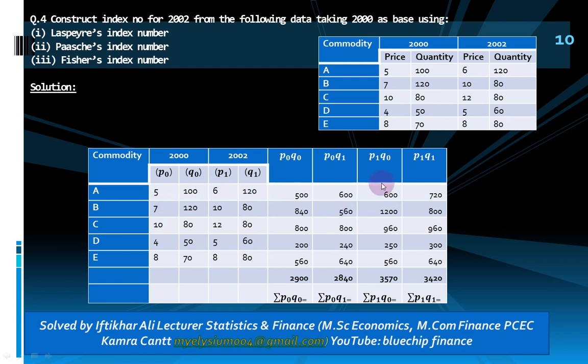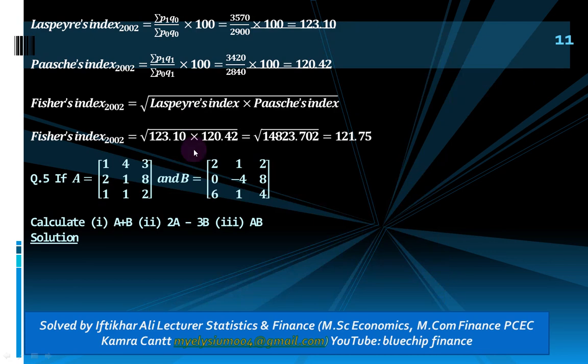In this way we can calculate P1 Q naught and P1 Q1 and take the sum of these four calculations, and it is enough for the calculation of these three weighted indices. The formula for Laspeyres index 2002 is the sum of P1 Q naught divided by the sum of P naught Q naught multiplied by 100. Just put in all these values and calculate.